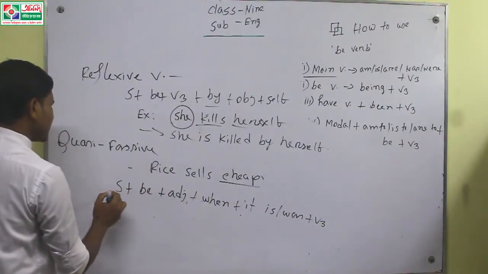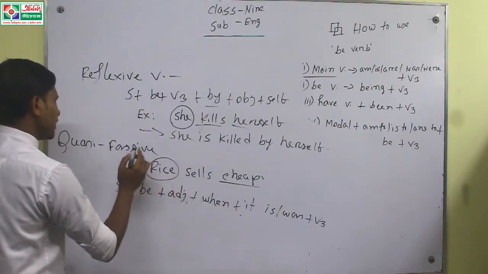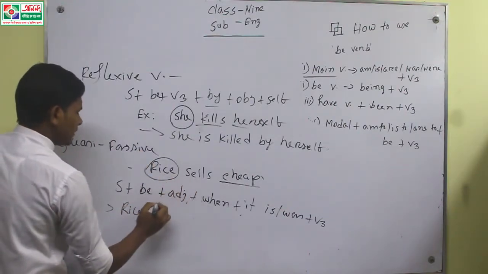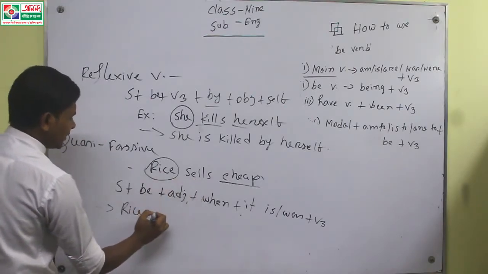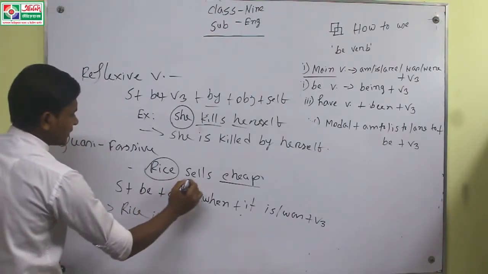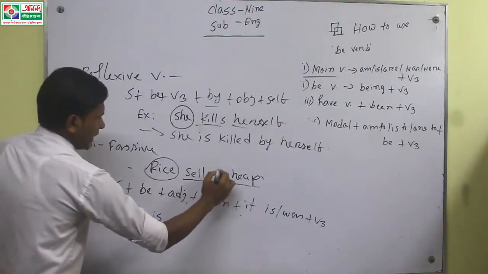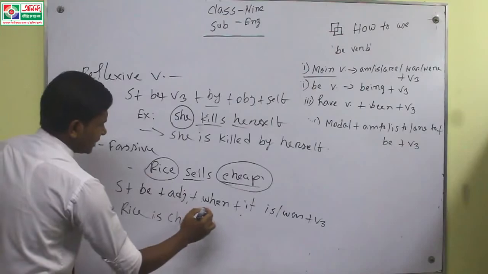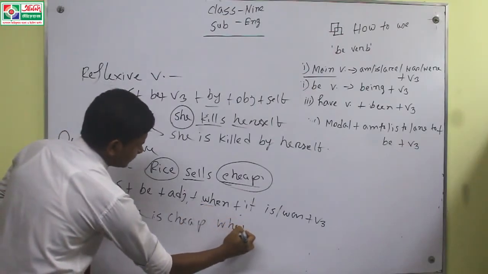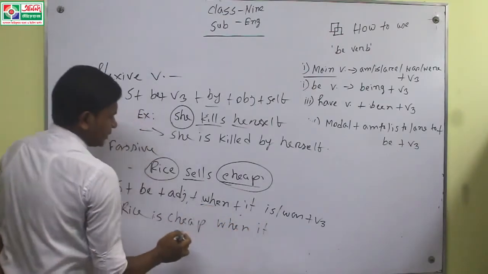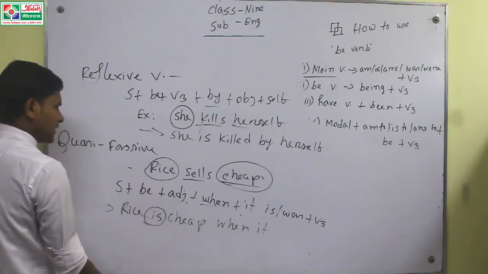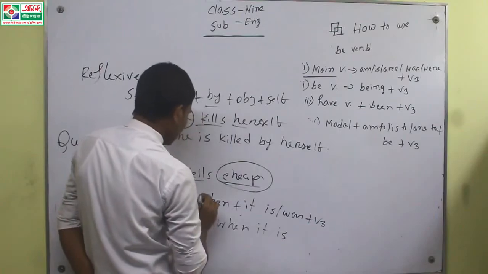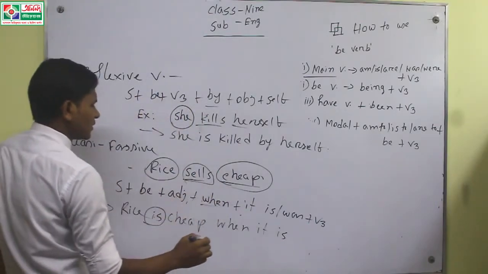So at first we use rice, then according to subject verb agreement is, then the adjective cheap, then when, then if the sentence is present tense we use it is, then the verb 3 form of sells, sold.